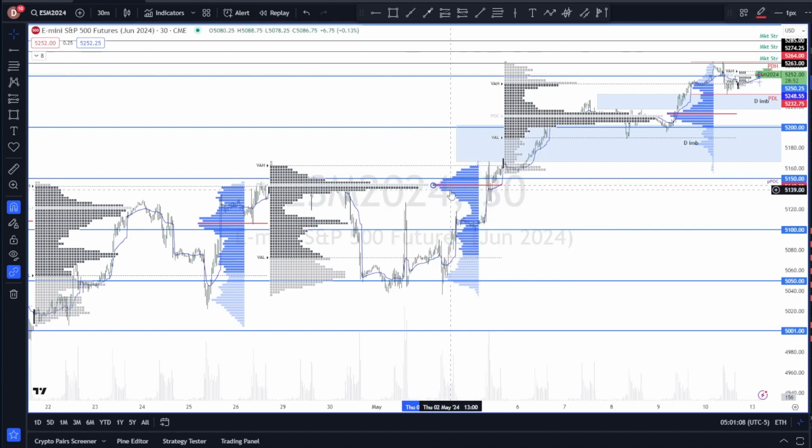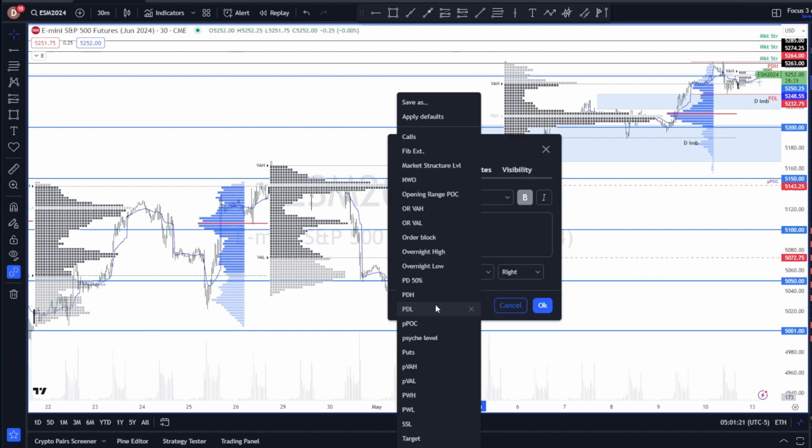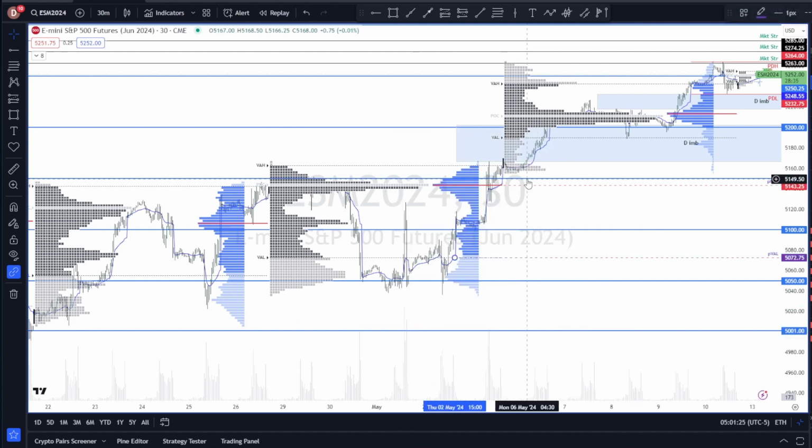Okay, it's the prior week POC. And then I also want to do the prior value area, which is right here. Value area low, and the value area high is way up here. Yeah, I'll put that on there as well.